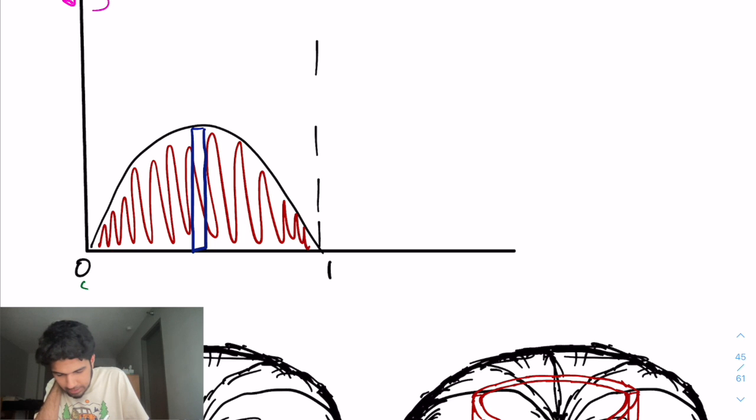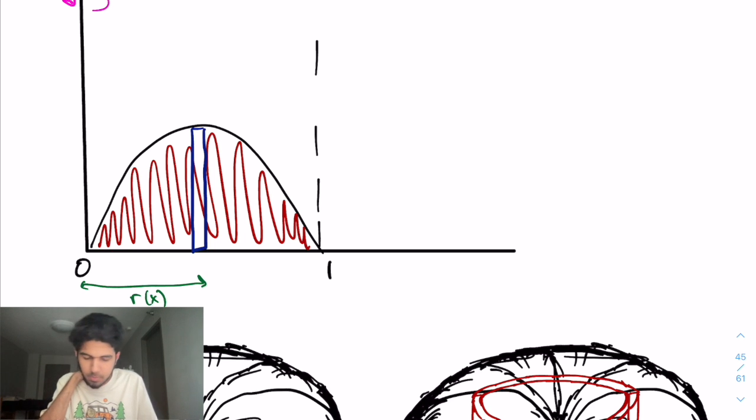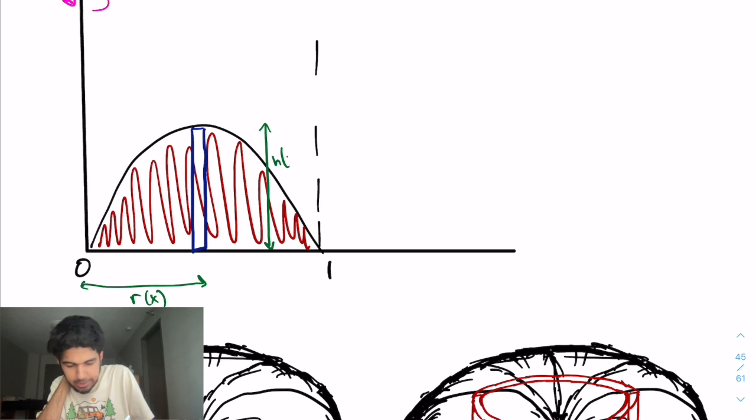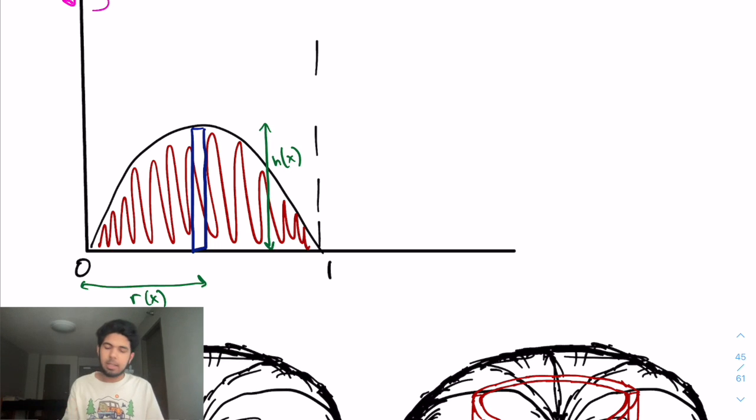So our idea is that this distance is r of x, which means that this vertical distance is h of x. And now you can think, when I spin that around, that'll give a height h and a radius however far we are away.